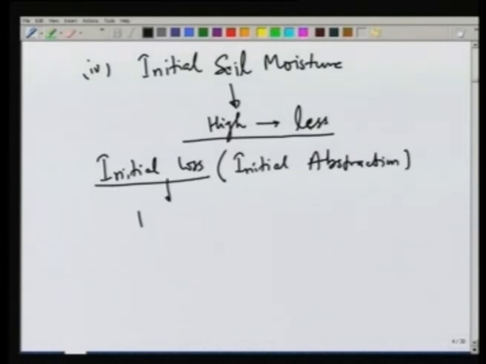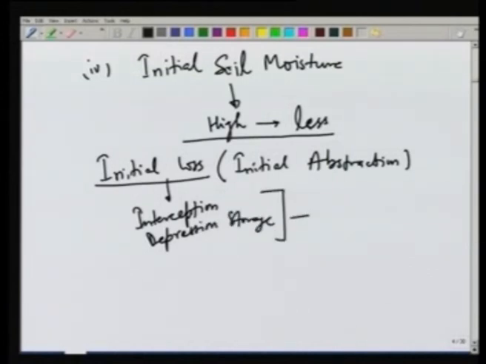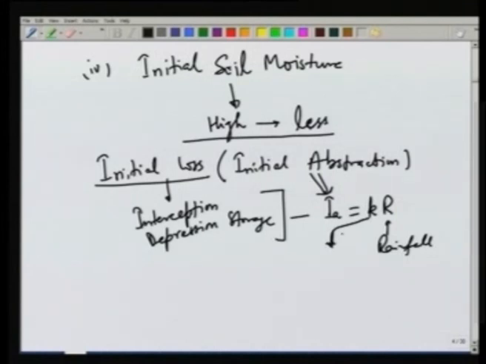So, generally we say this initial abstraction or IA is some fraction K times the amount of rainfall, and this is the initial abstraction IA. K is some fraction which will depend on catchment characteristics and will typically be obtained by observing the conditions.